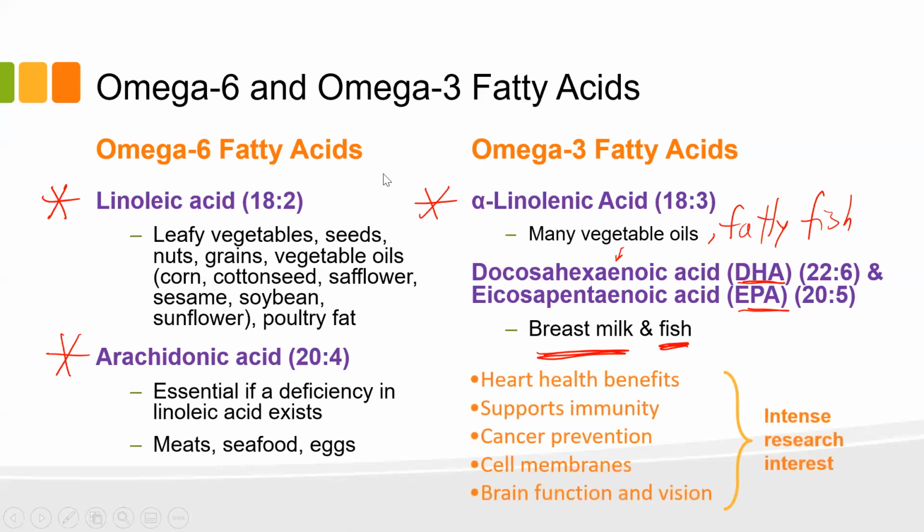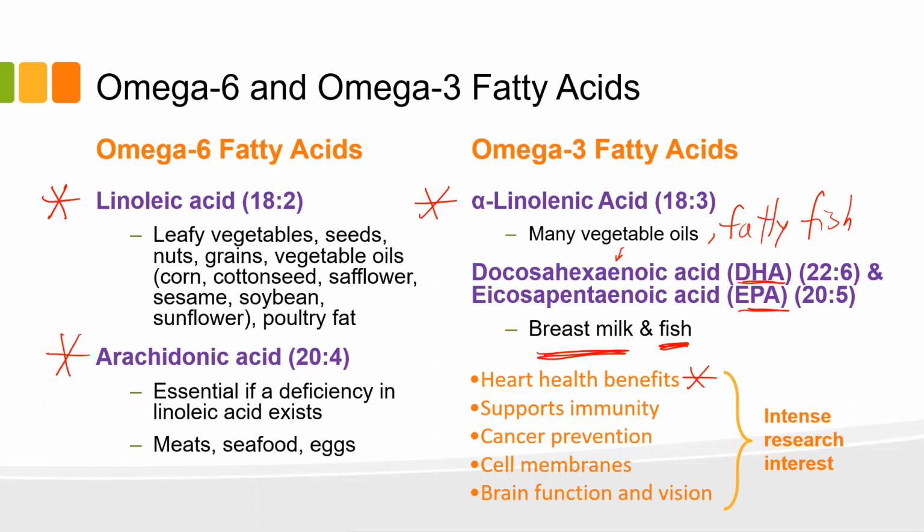Like I said, I thought I had a graph here that shows some of the sources of these things. But there's tons of intense research interest on this. And the biggest one that we seem to have a good correlation between is heart health. Part of this actually came from people looking at diets of different people around the world.